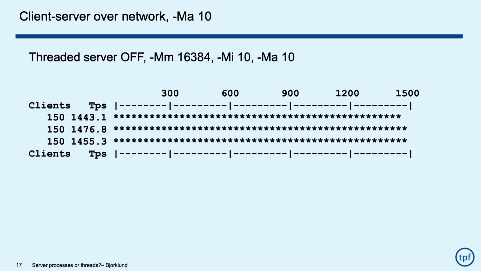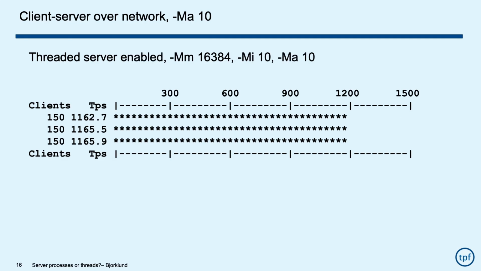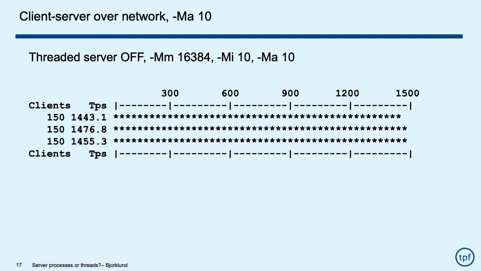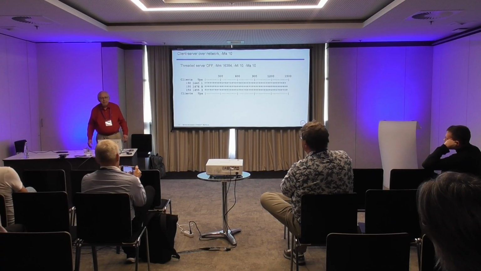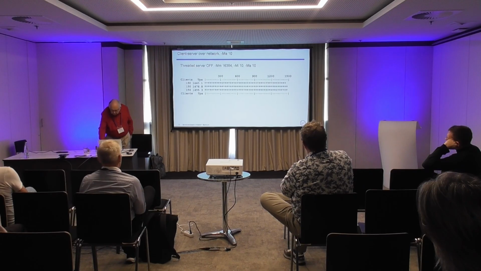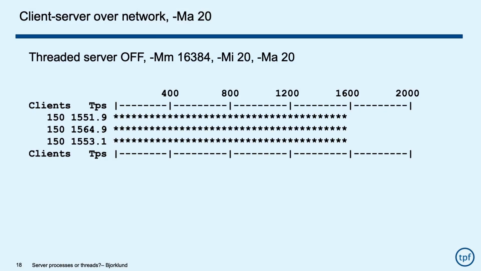Okay, turn the threading off. Notice that it's faster. So we go from 1160 to 1450 about. If we keep increasing -MA, we get better performance.